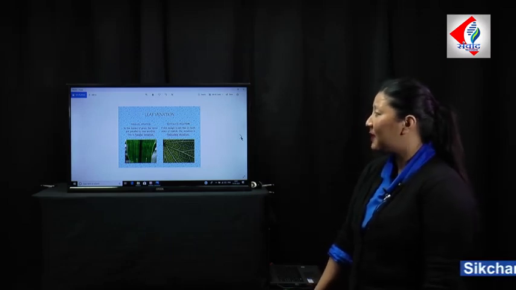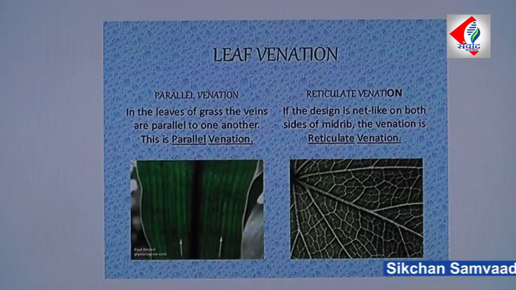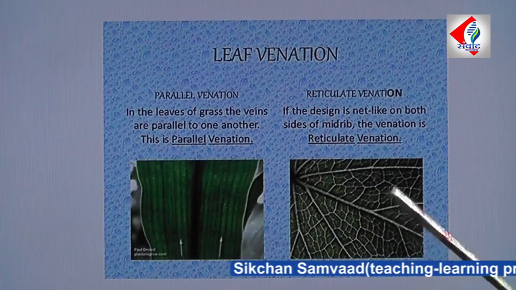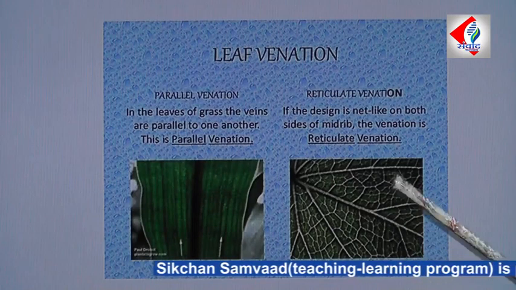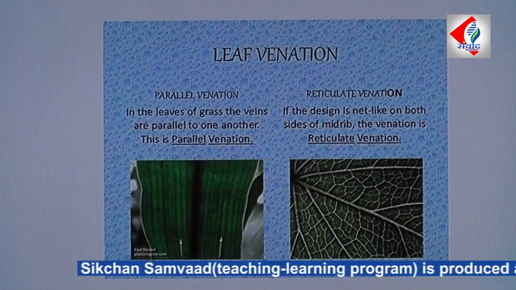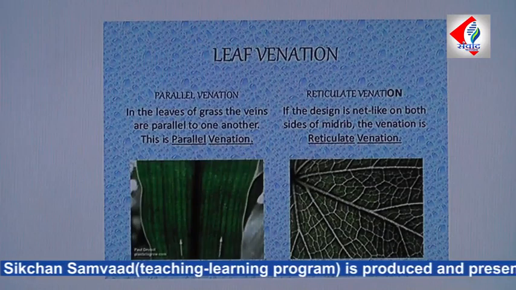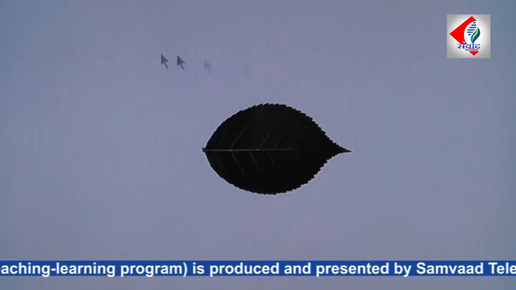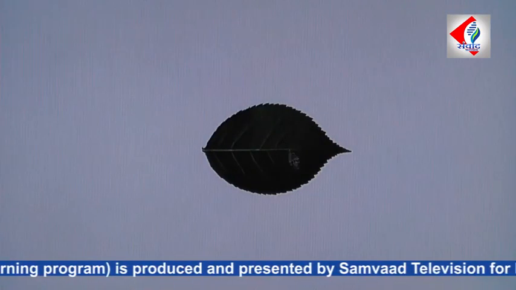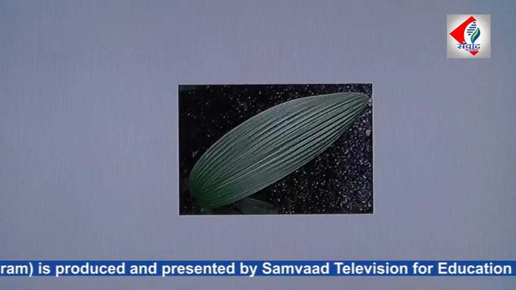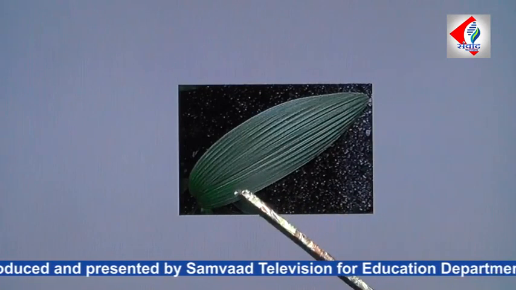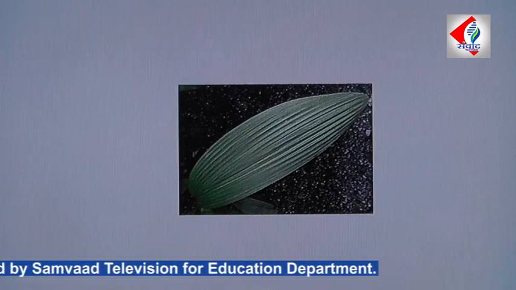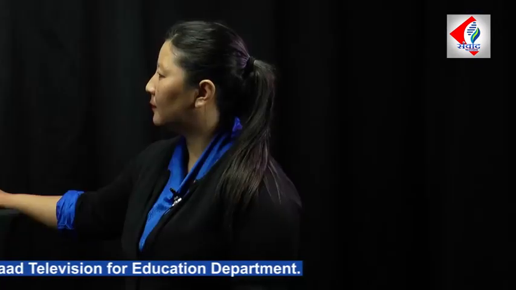If the design is like a net on both sides of the midrib, this venation is said to be reticulate venation. So this is a leaf with a reticulate venation. This is a leaf which has veins running parallel to one another. So this is an example of parallel venation.